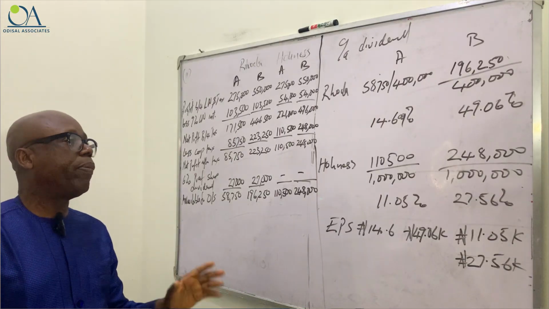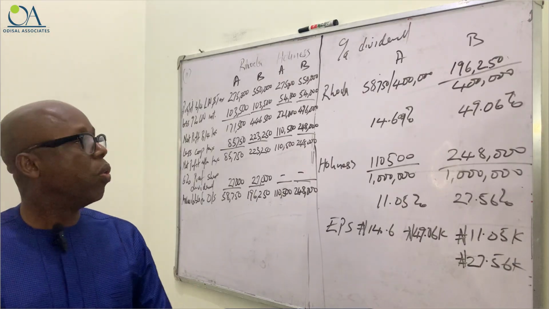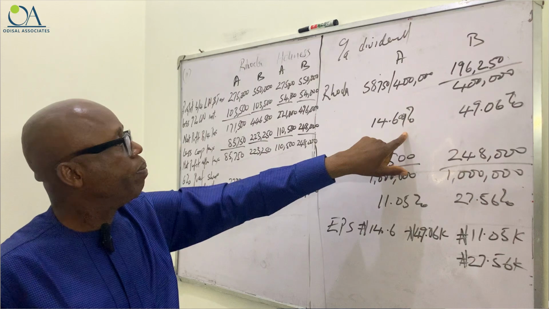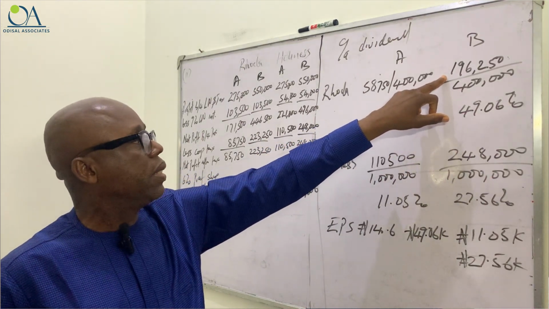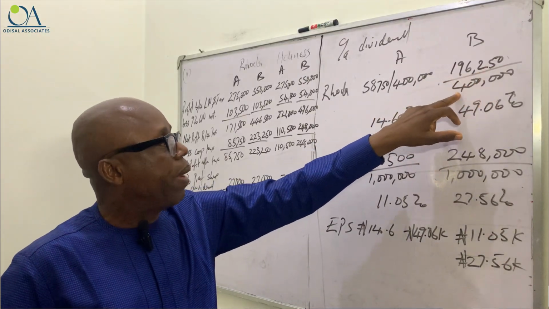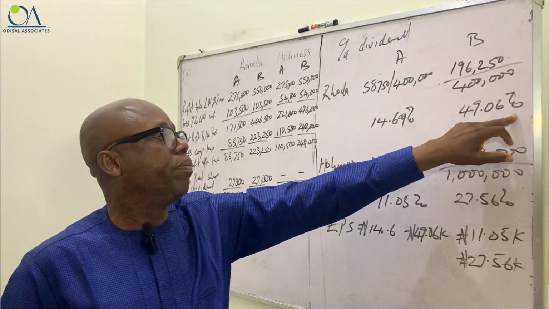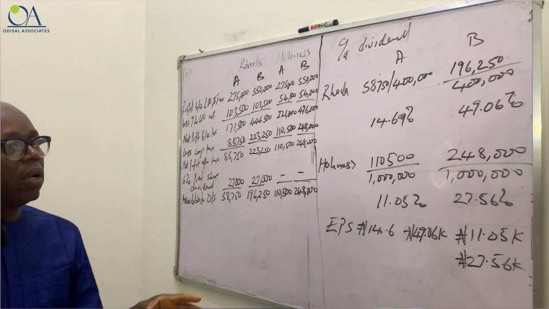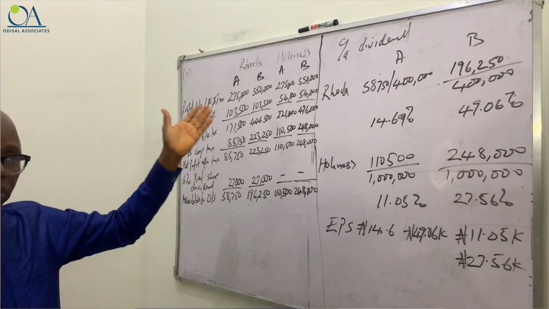So since it's 1 naira per share, the value and the unit will have the same number, 400,000. So you have 14.69%. Then here, the profit that is related to the ordinary shareholders is 196,250 by 400,000. We have 49.06%.